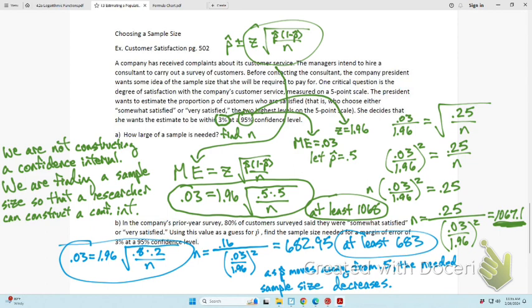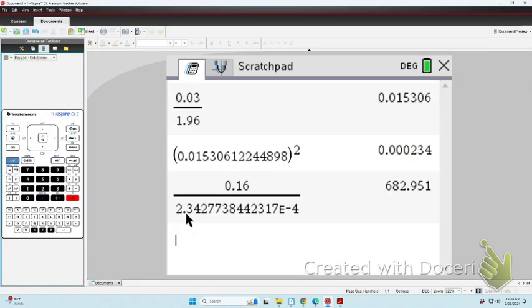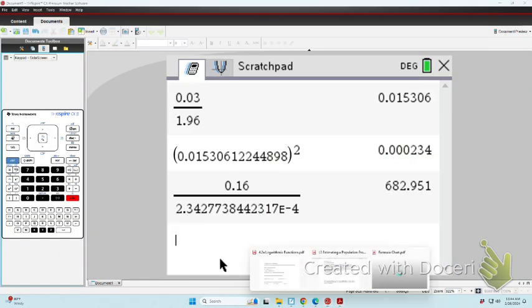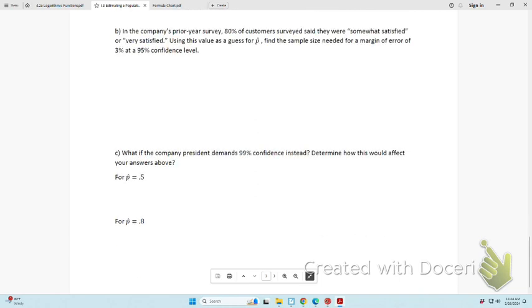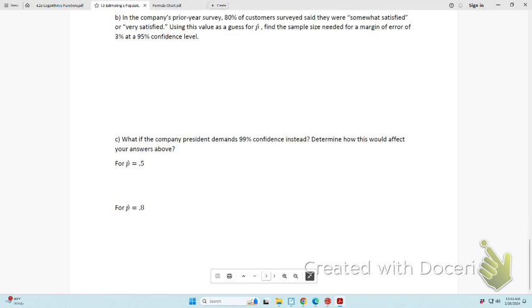All right, let's look at one more thing. This is a long video. So what if we change the confidence level? What if we change it to 99%? If we look at table B, Z is 2.576. I'm going to make a note here.